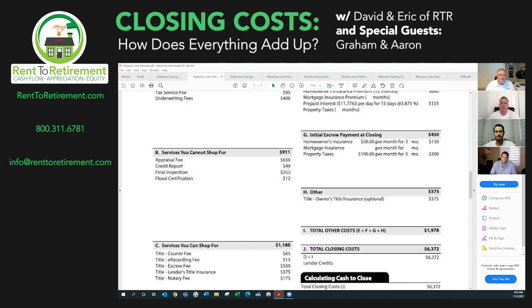It's called a change of circumstance, which means if the rate changes or one of the APR items we're discussing right now goes higher, a title fee goes higher, appraisal goes higher, whatever the case may be, whatever spikes that needle outside the tolerance, our team has to shoot out another loan estimate, very similar to what we're looking at here, to the borrower, explaining that, hey, things have changed.